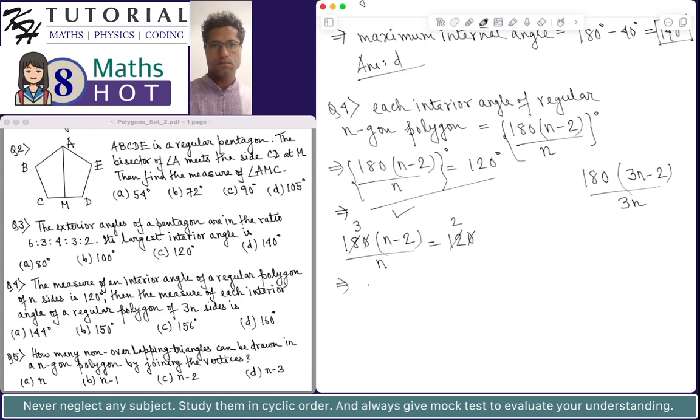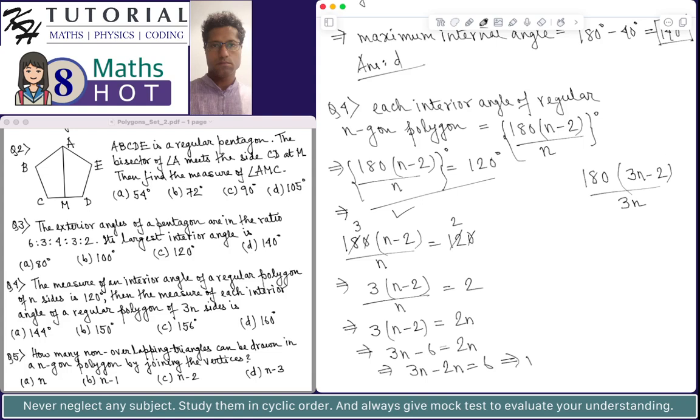So we get 3 into (n minus 2) divided by n is equal to 2. By cross multiplication, we get 3 into (n minus 2) is equal to 2n. Further simplifying, we get 3n minus 6 is equal to 2n. This implies 3n minus 2n is equal to 6.